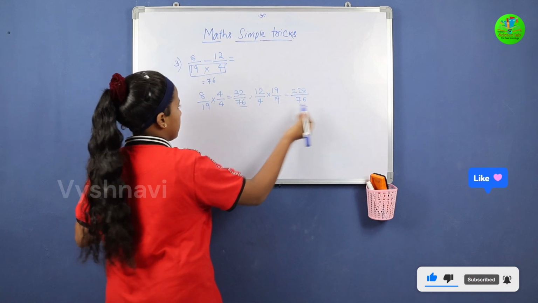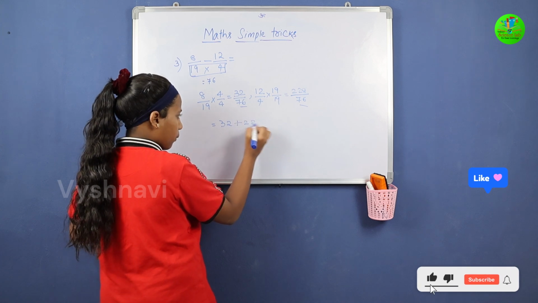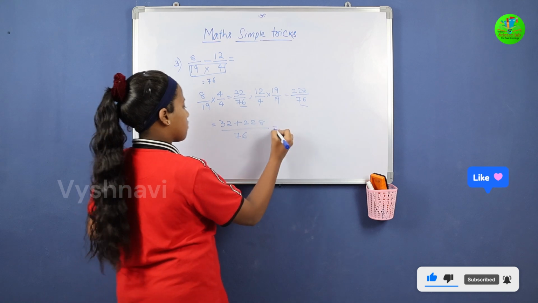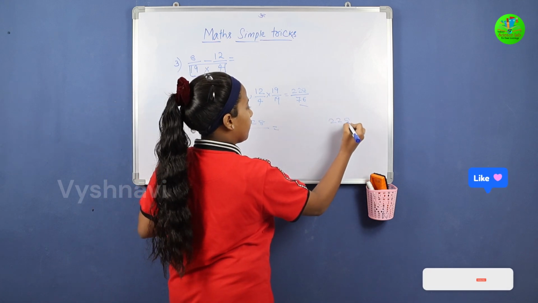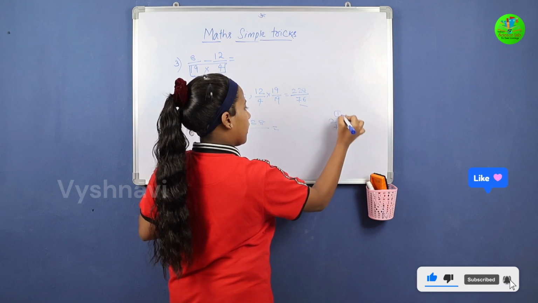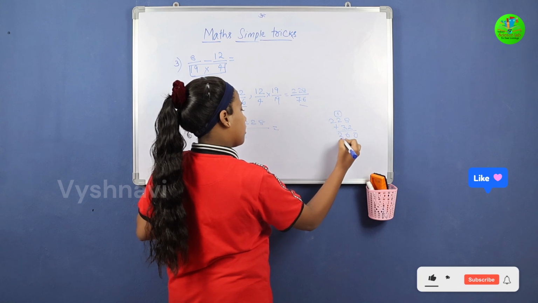The denominators are the same. Then we will add this. 32 plus 228 by 76 is equal to. Let us add. We will get 260 by 76.